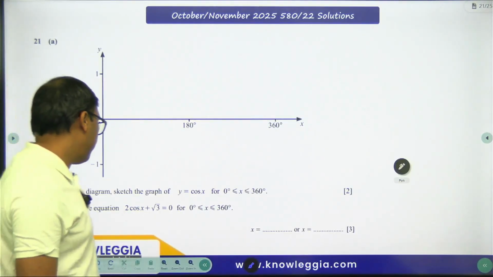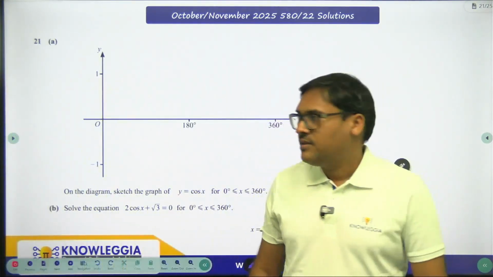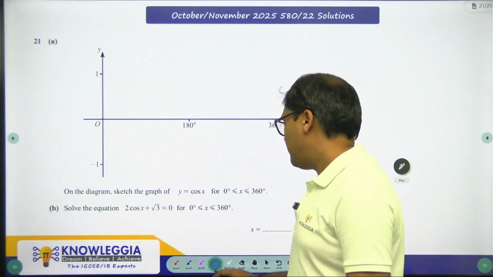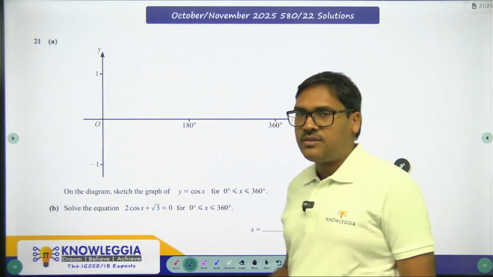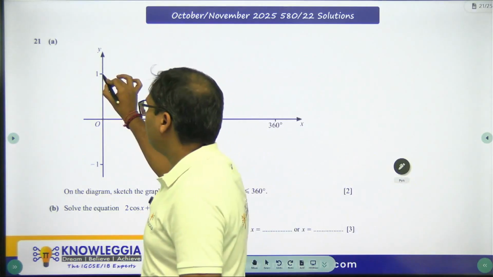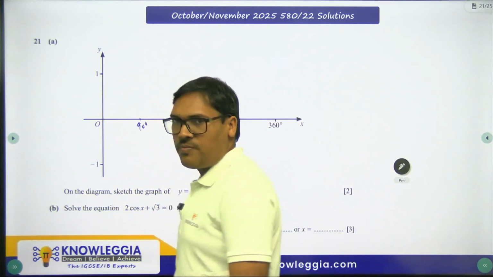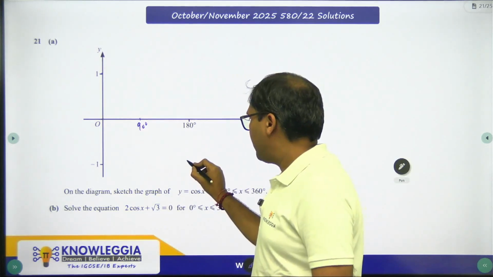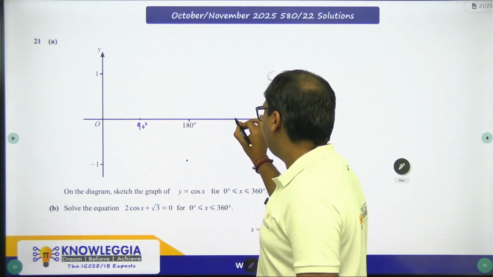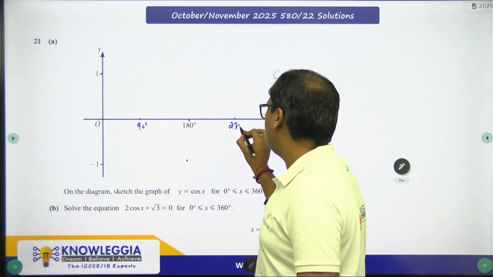Now the next question is sketch the graph of cos x. So how to sketch the graph of cos x? At x equal to 0, this is 1. At 90 degrees, this is 0. At 180, this is negative 1. At 270, again, this is 0.